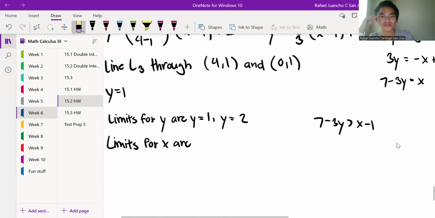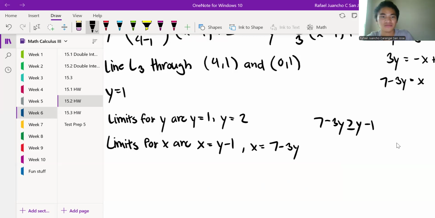Or y minus 1. Depends on what y I plug it with. I plug in a 1, this is 4. I plug in a 1, this is 0. That's greater. I plug in a 2, this is 1. 2, this is 1, so it's kind of the same thing. So it could be this or equal, depending on the thing. So this is x equals y minus 1, x equals 7 minus 3y.